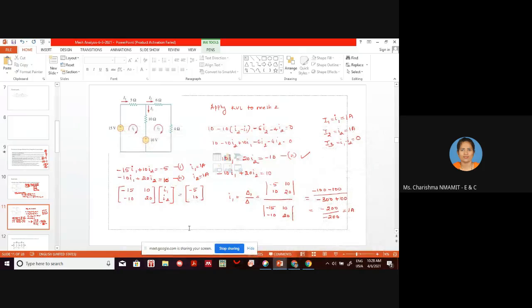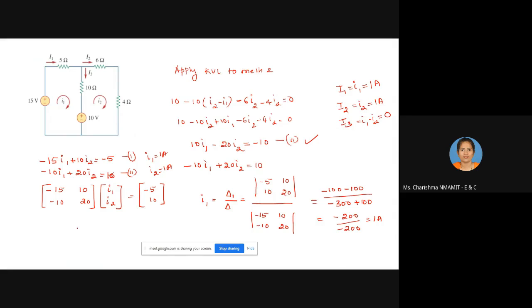Now, what is I2? I2 is nothing but delta 2 by delta. What is delta 2? In the determinant of delta, you replace the second column, not in delta 1, by the right hand side coefficient. This delta value we have already calculated, so you can directly write it as minus 200.